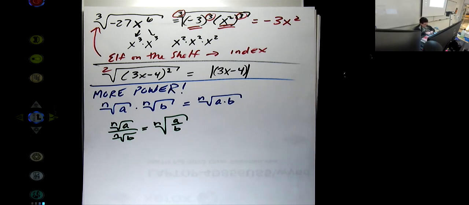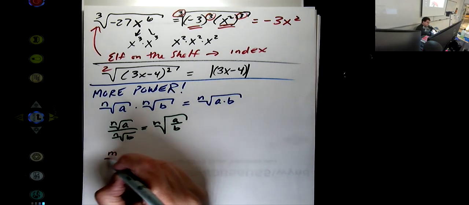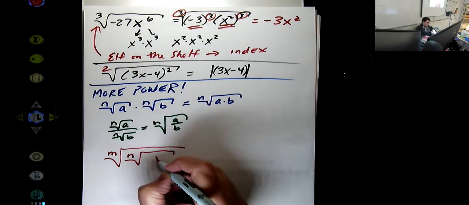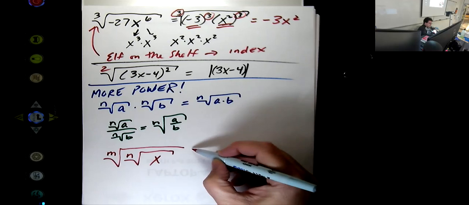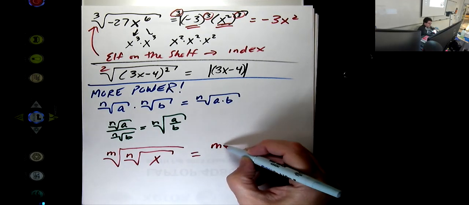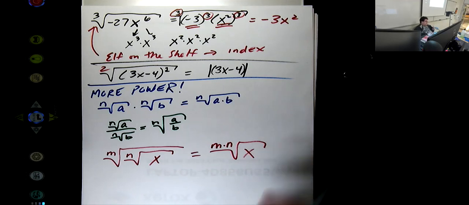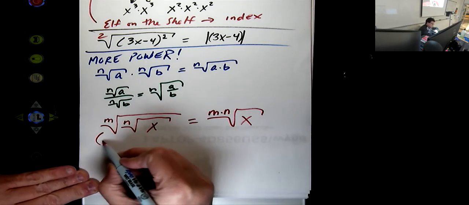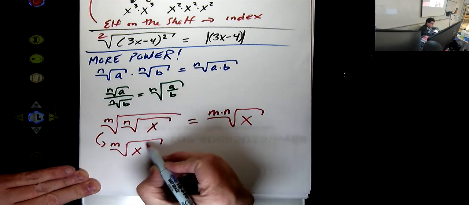And the real mind-blowing one that doesn't come up hardly ever: the mth root of the nth root of x equals the m times nth root of x. This last one comes from the idea that this is the nth root of x to the 1 over n.